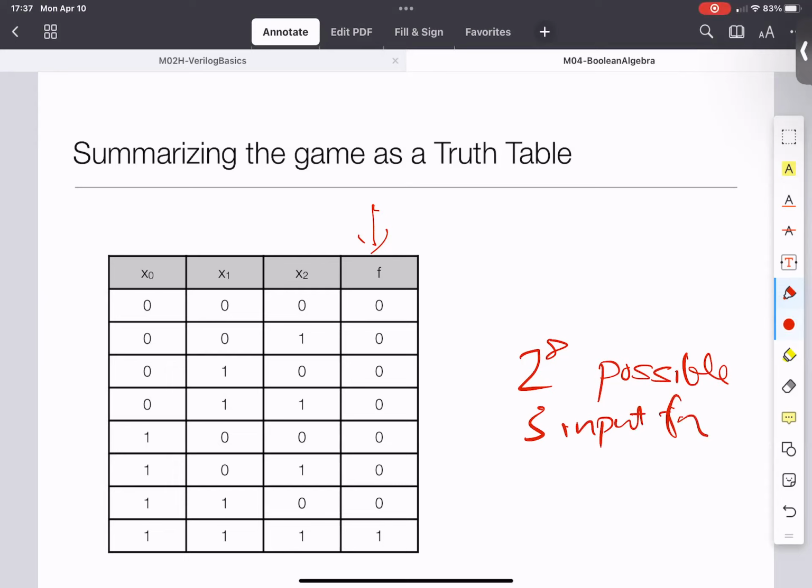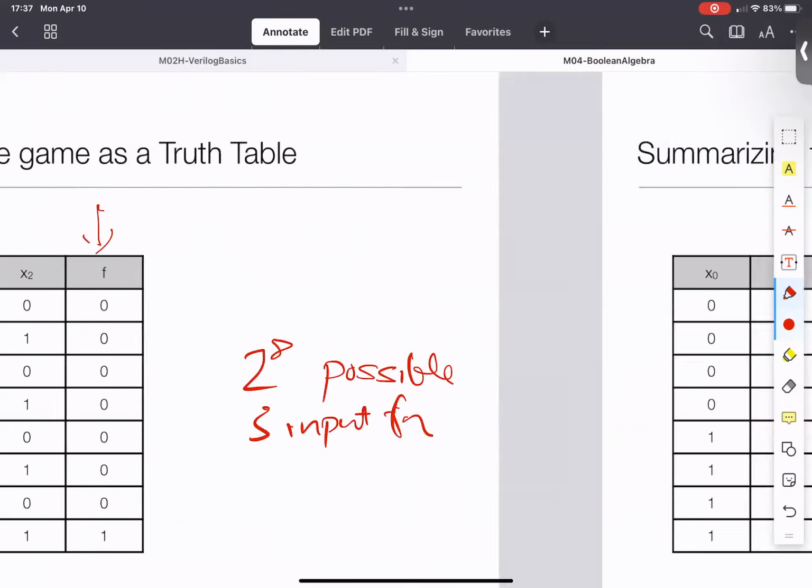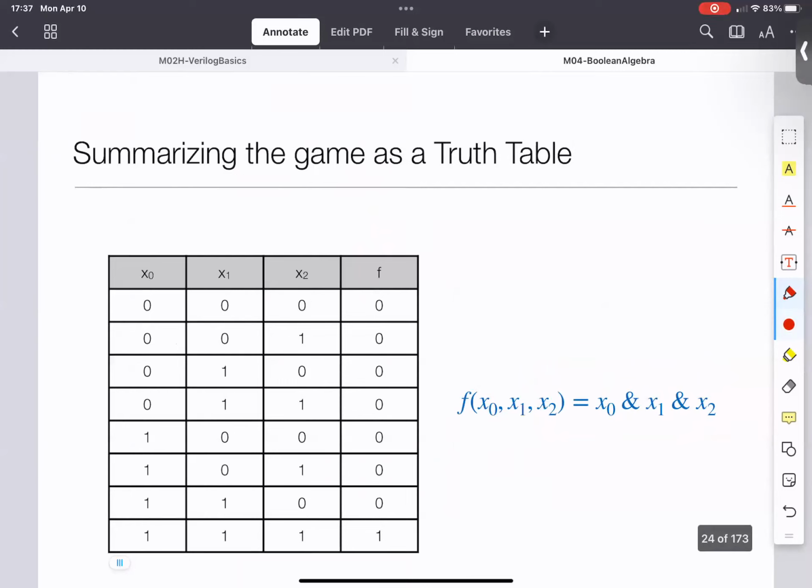So I can always write things as a truth table. The truth table, as we discussed last time, takes a lot of rows to write down. It's not very compact and it's hard to reason about, but it's always a way to write it down. In this particular example, this is the function where whenever it's 1, it's 1. The corresponding Boolean algebra equation is simply x0 and x1 and x2.